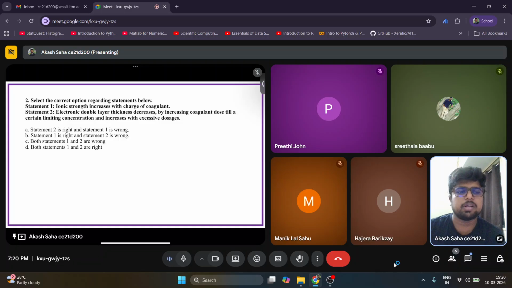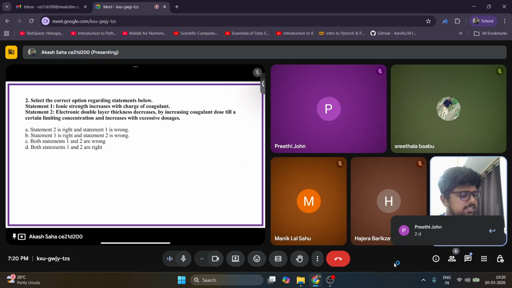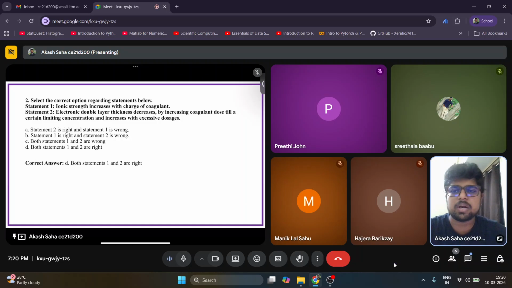That's how we denote it. So if we increase the charge, what will happen? The ionic strength will definitely increase, because half Ci into Zi square. Yeah, Preeti, it is correct. So option D is, I think, correct. Both statements 1 and 2 are right.